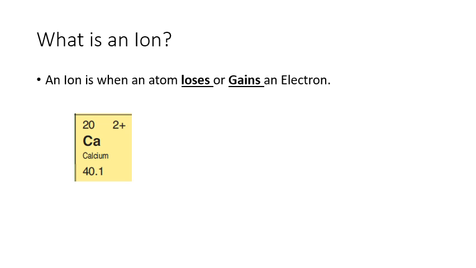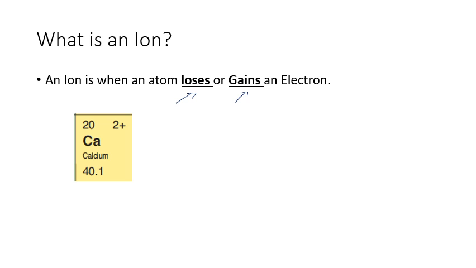The next thing that we talked about before spring break was what an ion is. An ion is when an atom loses or gains an electron. Remember, electrons are negative.